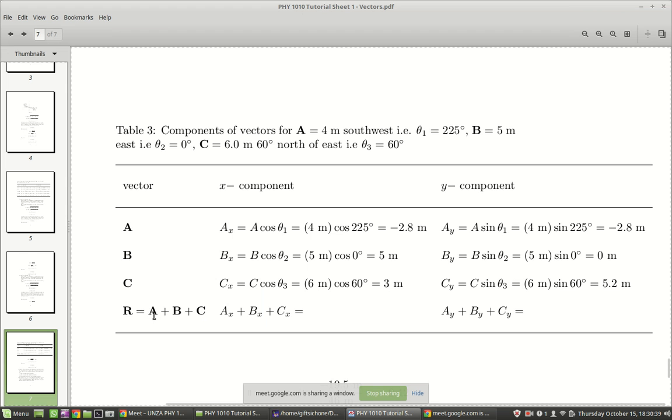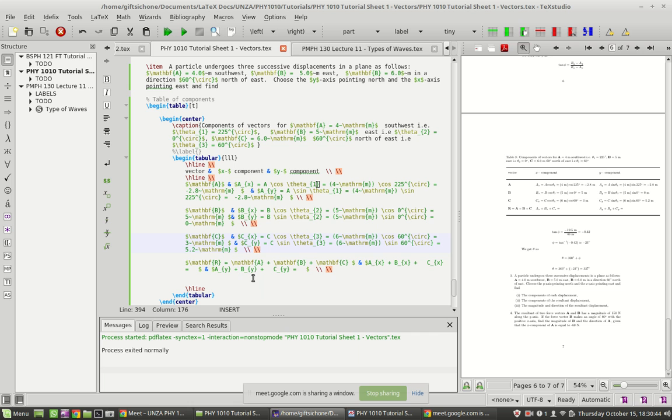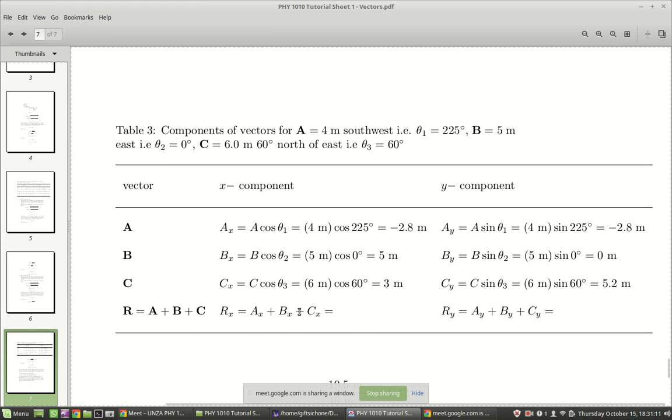So for us to get the resultant, we need to add A plus B plus C. So we need to get the x component of the resultant, so write Rx is equal to that. Then I'll write Ry equals that.